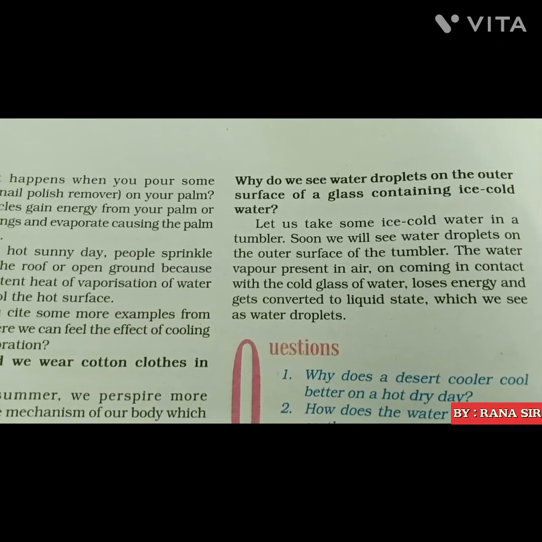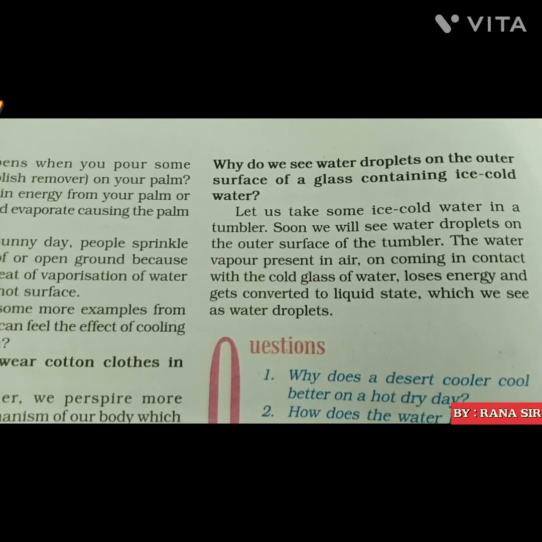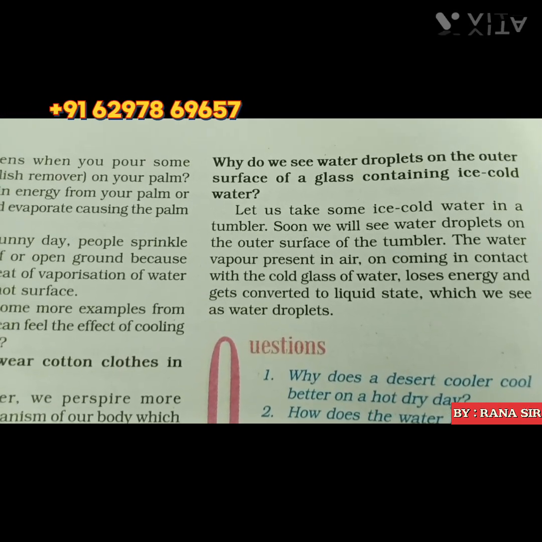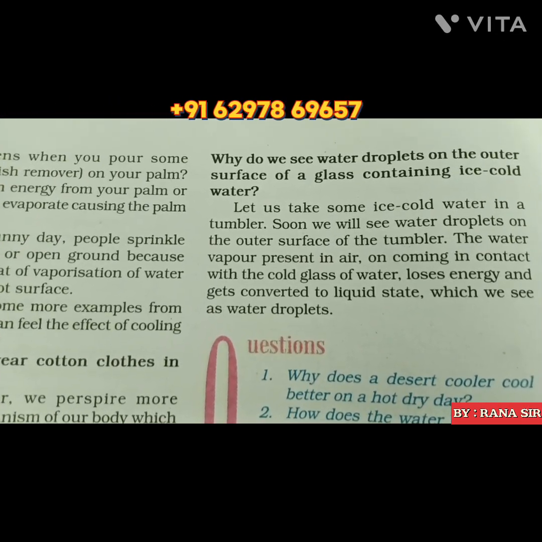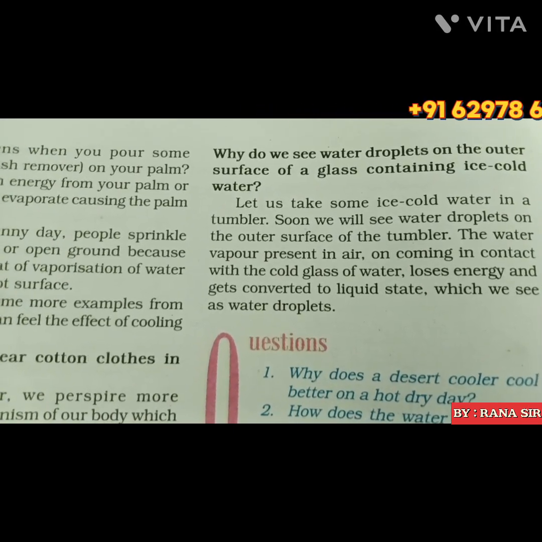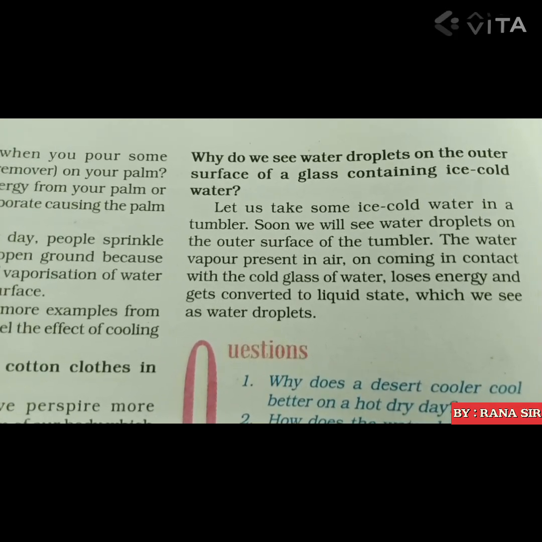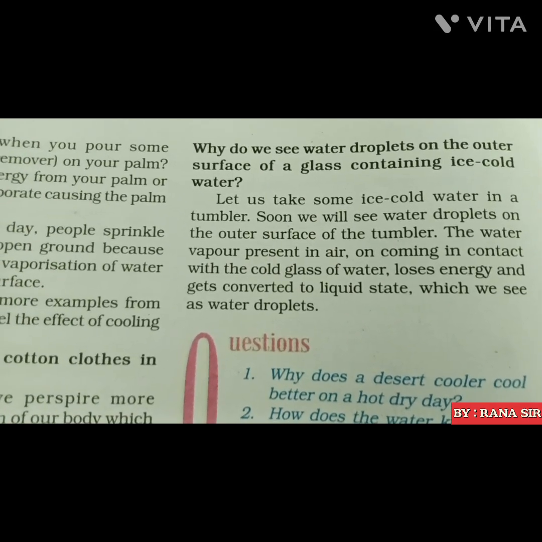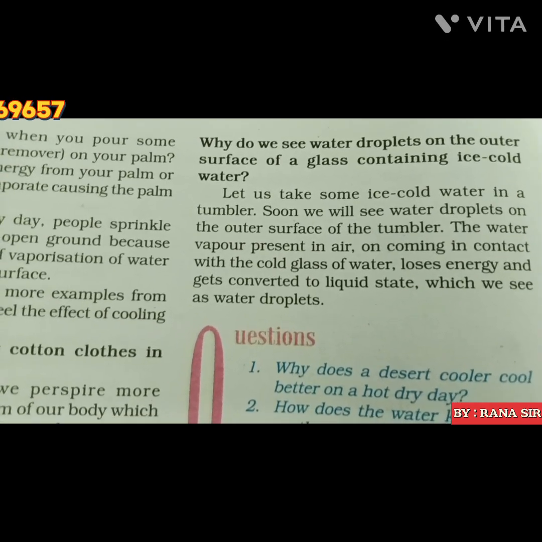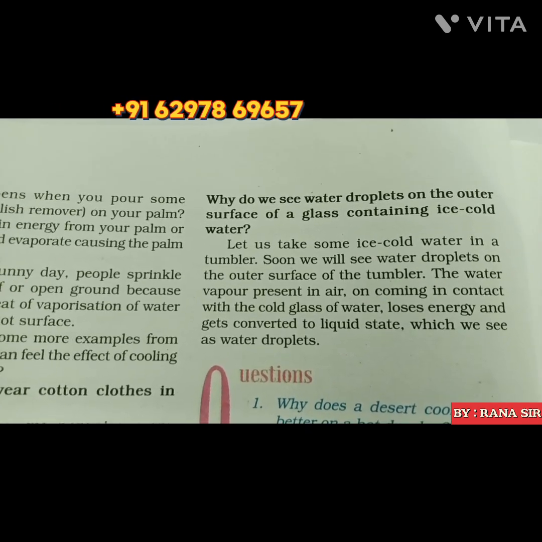So why do we see water droplets on the outer surface of a glass containing icy water, very cold water? So ice cold water in a tumbler, we will see water on the outer surface of the tumbler. The water vapor present in the air on coming in contact with the cold glass of water loses its energy and gets converted to liquid state.